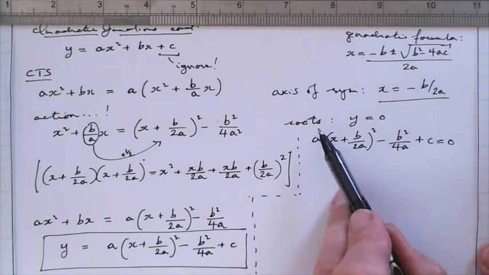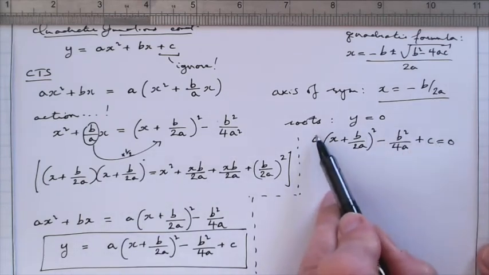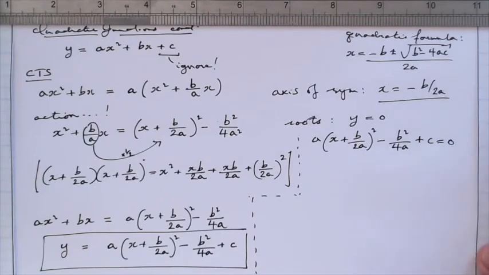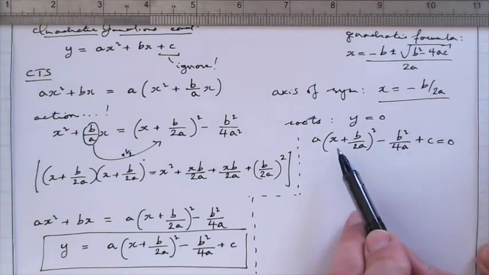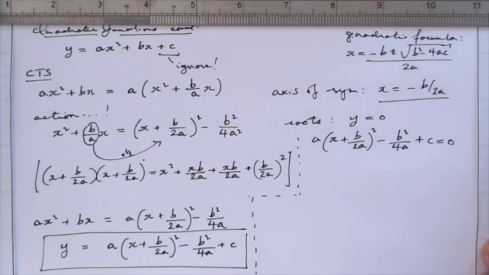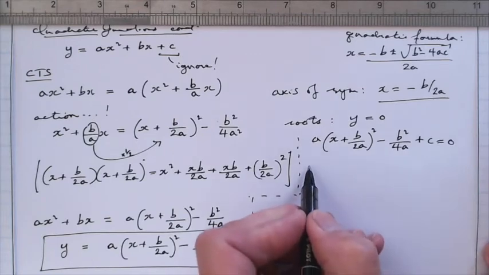So the roots will be the values of x for which y is 0. So here's the quadratic function, and we're setting it equal to 0. So we just have to solve this equation for x, and that's actually not too bad, because x only appears once inside this square. So let's get this stuff on the right hand side to start with.